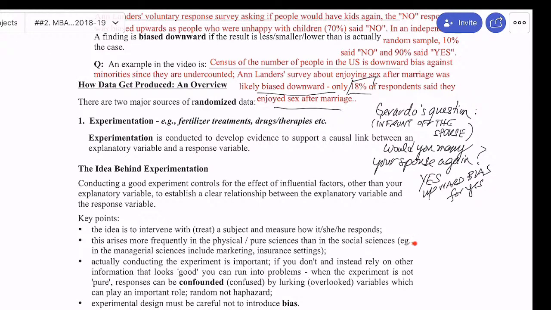Experimentation is done more frequently in the physical or pure sciences, not so much in the social sciences, but more so these days. There are economists conducting social experiments, and there are lots of marketing studies. Insurance is really important to study, but it's not done as much as it should be as an experiment, mostly because people in an insurance experiment know that it's temporary.